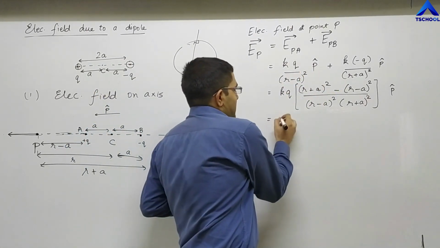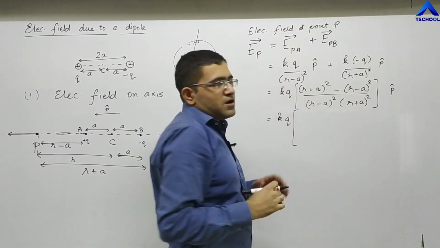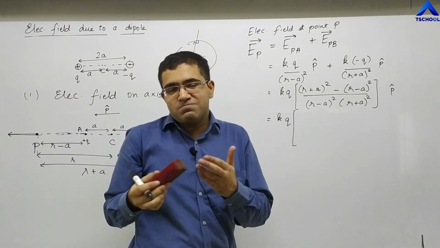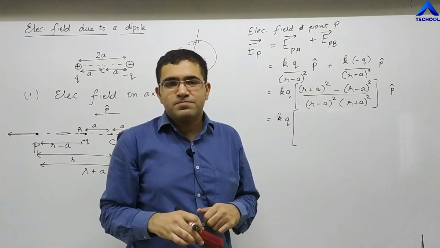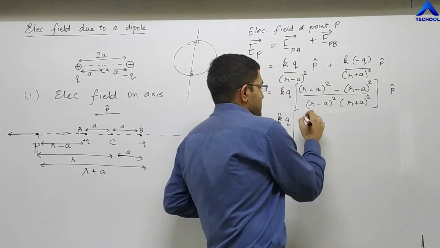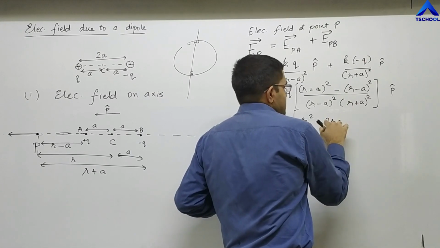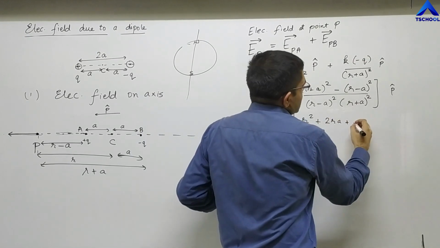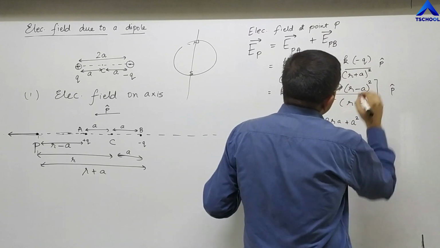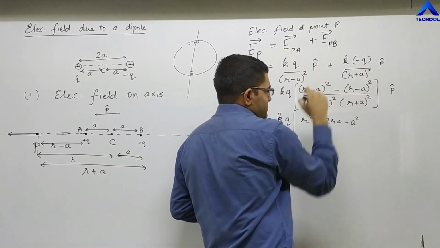Now, you have kq. Let's open these brackets out. I'm sure you remember that a plus b whole square is a square plus 2ab plus b square. So if you use that here, r square plus 2ra plus a square, that's what we get from the first bracket.